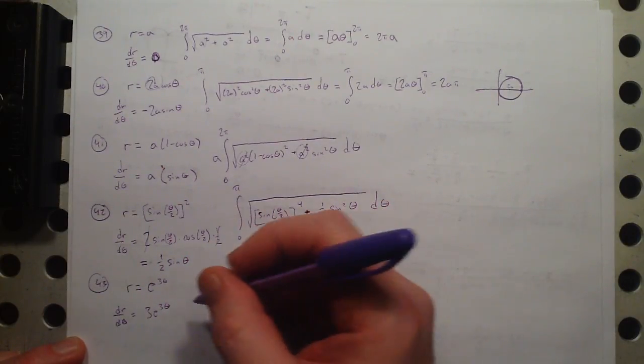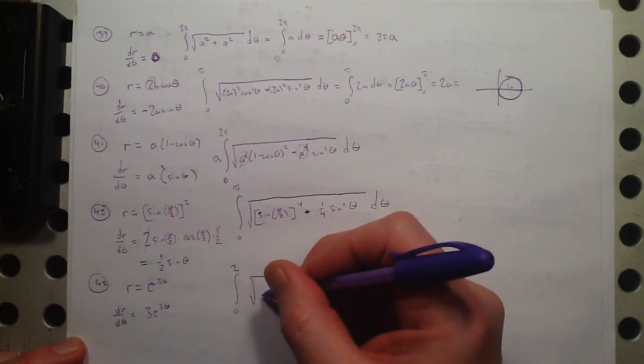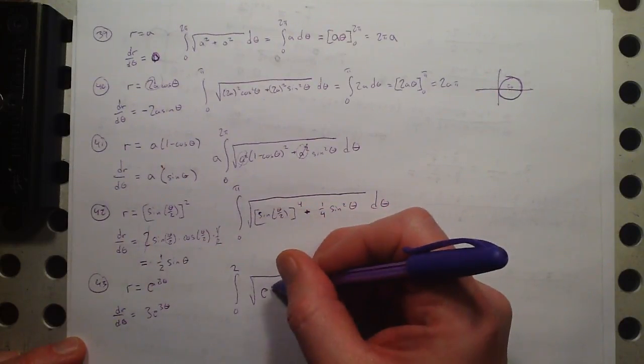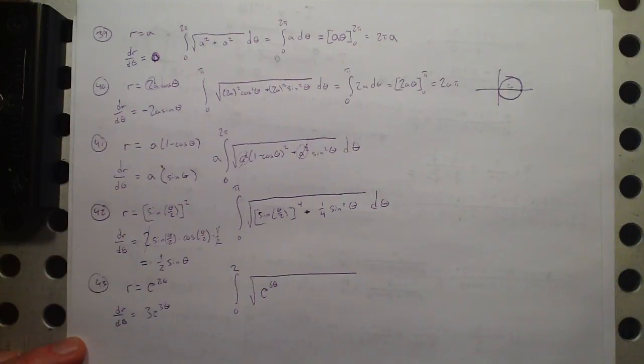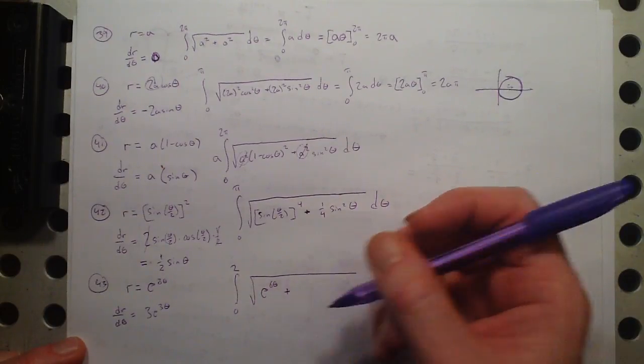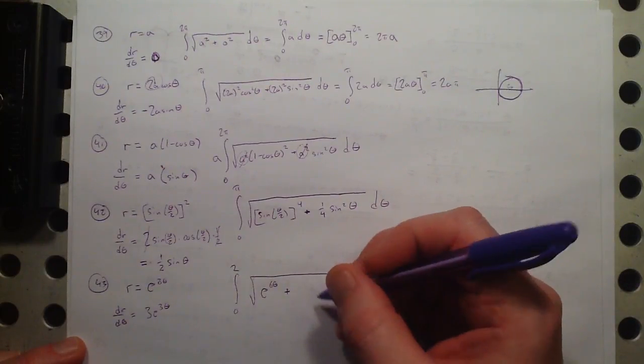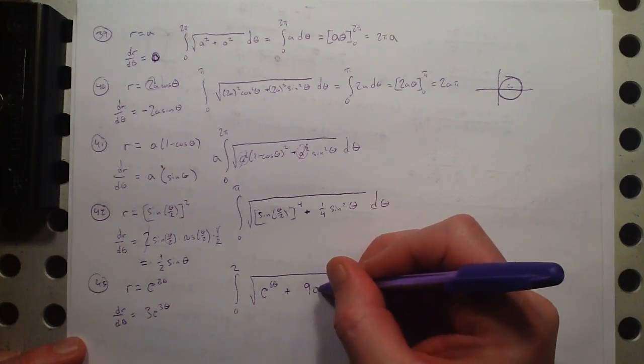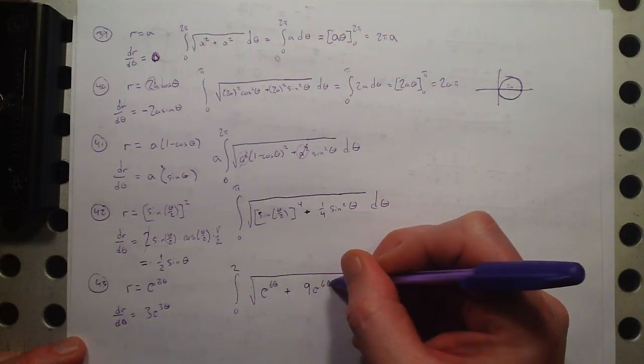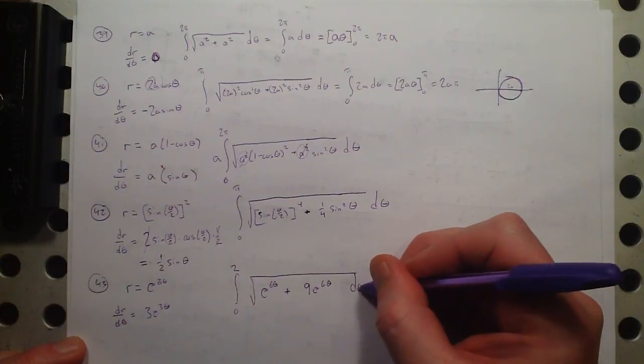Here I've got this squared, an exponent to an exponent, you multiply those, so that's e to the 6 theta, plus this squared would be 9 e to the 6 theta, d theta.